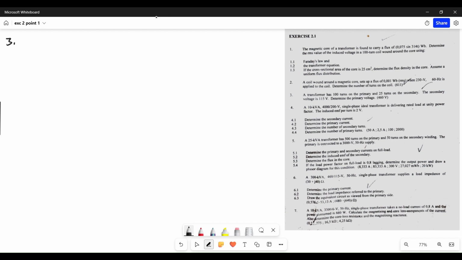So in other words, the secondary voltage in this case, let's call it E2, induced EMF 2, is 115 volts. The number of turns N1 is equals to 100, and N2 is equals to 25.